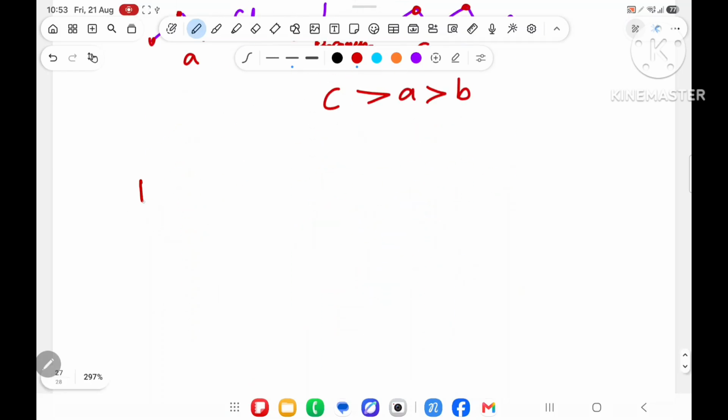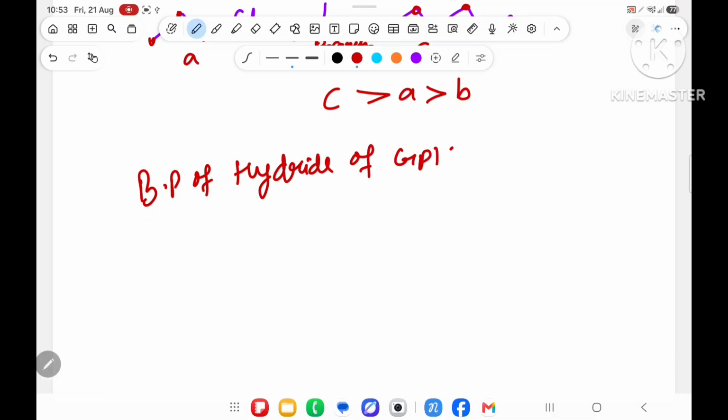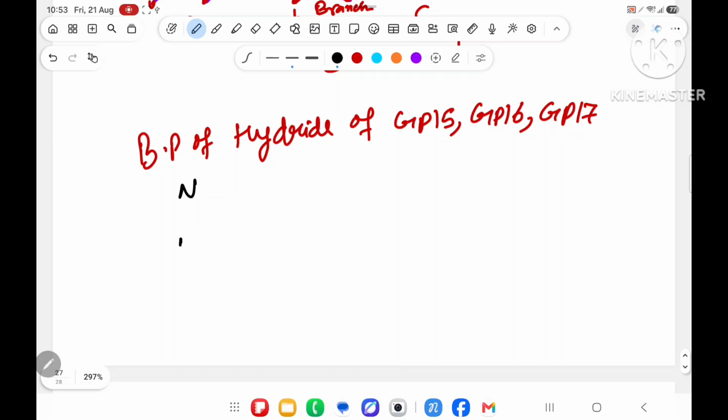Especially you will learn the boiling point of hydrides of group 15, group 16 and group 17. Very important. Group 15: N, P, As, Sb, Bi. Group 16: O, S, Se, Te, Po, don't write Po because it is radioactive.